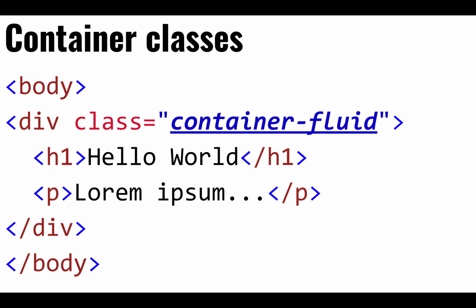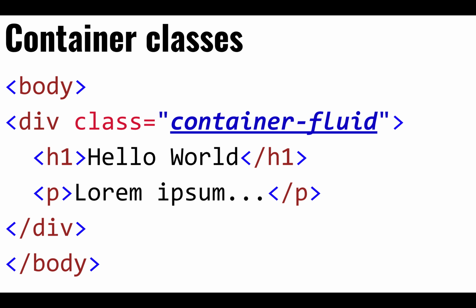In this case, the class is called Container Fluid, and it adds responsive behavior to your content. It adds some padding all around. By default, the browser makes everything flush with the outside container of the window. It looks pretty ugly, right? So Container Fluid adds a little padding so that it looks a little better on the screen.